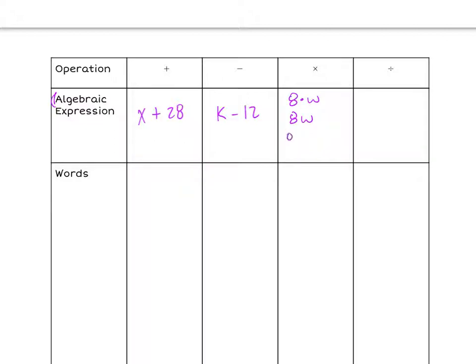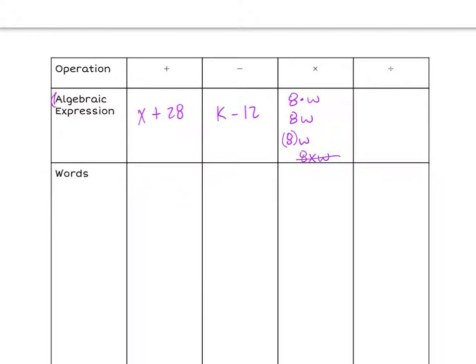You could use parentheses. You can put parentheses around both, or just around one of them. Notice what you're not doing. You're not doing it this way, because that looks like 8xw to me, not 8 times w. I mean, you could read it either way, right?